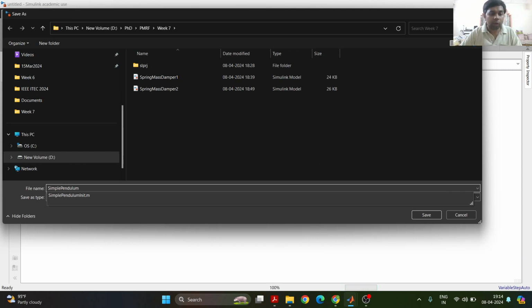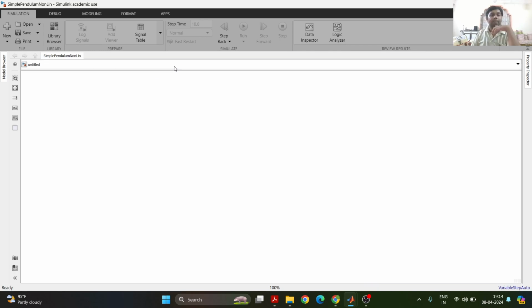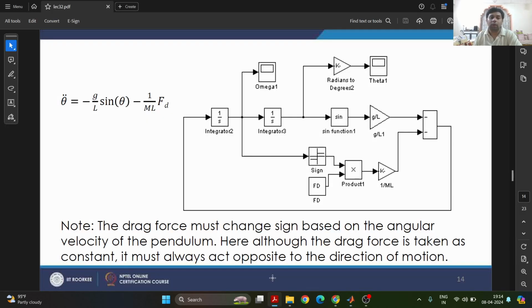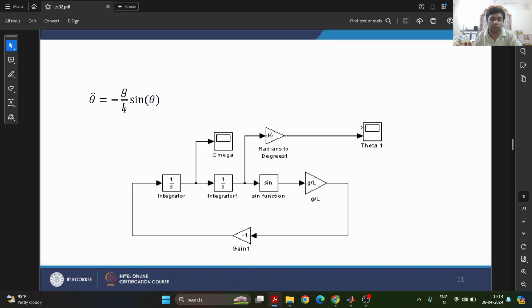And then I'm saving the Simulink file as simple pendulum nonlinear. So the first thing is, in this equation, let us go to our basic equation: theta double dot is minus g by L sine theta.